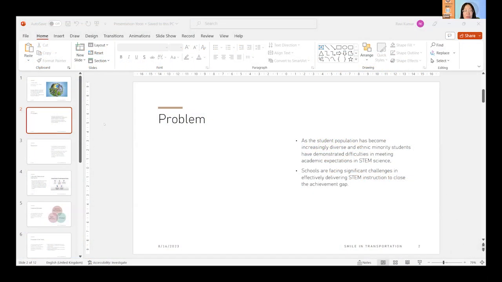This research study has an issue and also tries to solve the problem. The issue is that as the student population becomes diverse in schools, especially the minority students have difficulties in learning STEM areas.